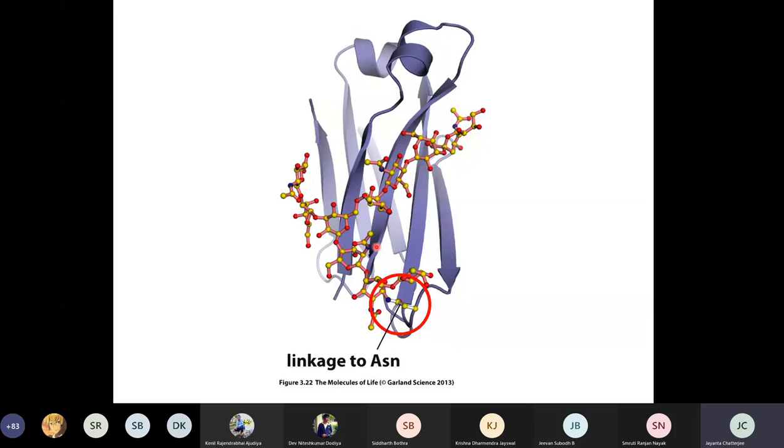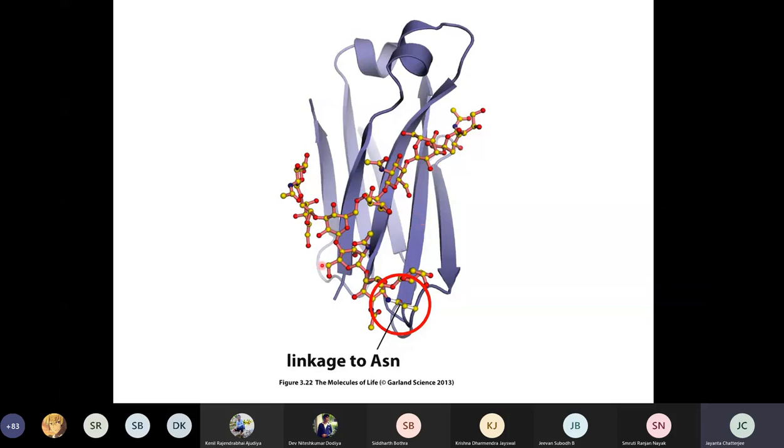By covering this large surface area of the protein, it prevents the attack of the protease onto these polypeptide chains. So these oligosaccharide units act as a barrier for the protease to act on the polypeptide chains and cleave them.